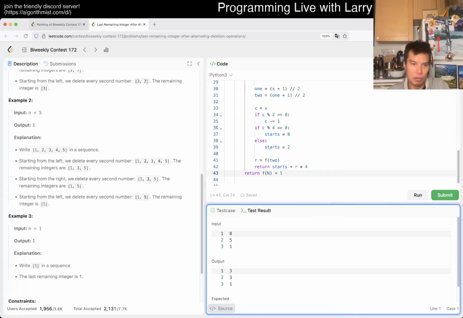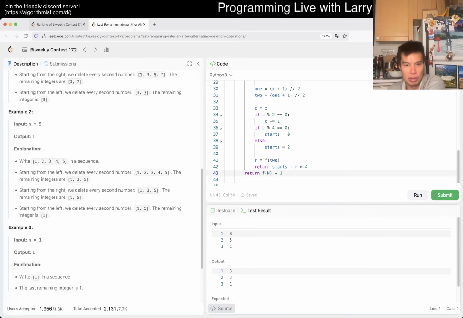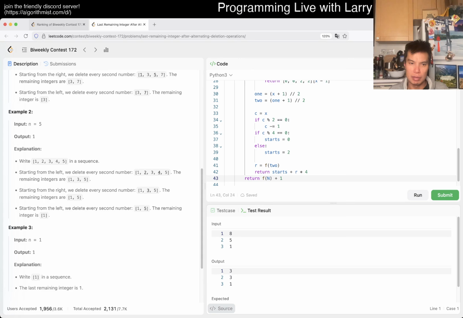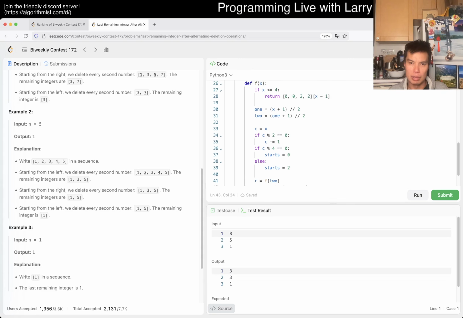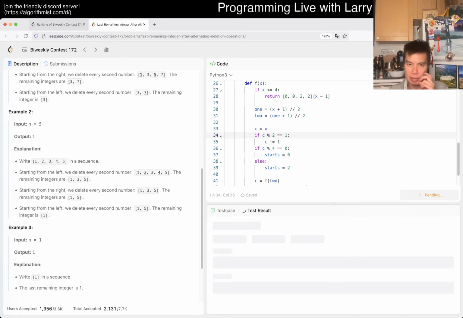But this is wrong, right? Because 5 is wrong. Because 5, why though? Oh, this is just weird. So everything starts at 2. I meant this as if it's odd, then we subtract it to get even.